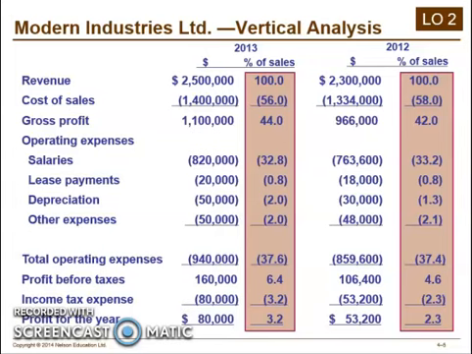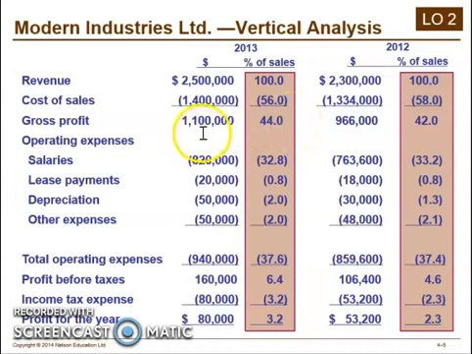Now let's look at the gross profit. Now it's gross profit divided by our revenue number. So 1.1 million divided by 2.5 million gives us 44%. And as you can see here, do the math just like you would with the dollar amounts for our statement of income. 100% minus 56% gives us 44%.